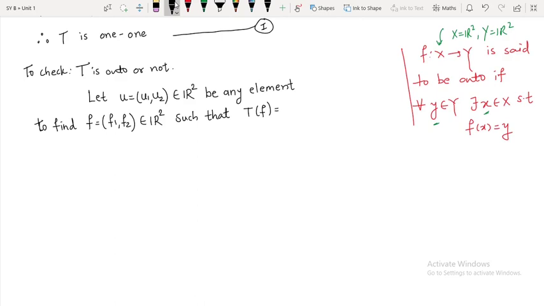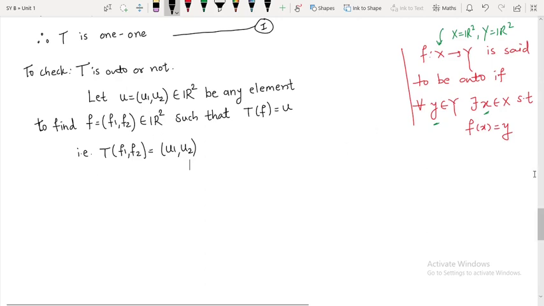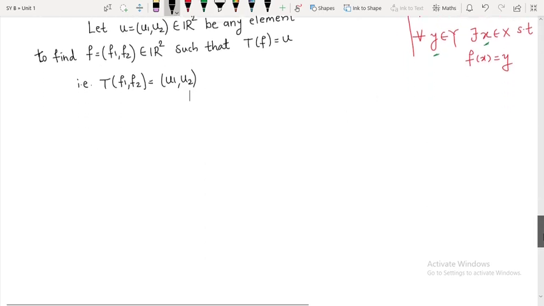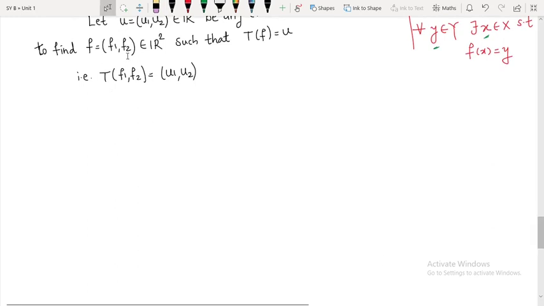This T of f should be equal to u, so that is nothing but T of (f1, f2) should be equal to (u1, u2). Simply note one thing, whatever f we are finding, it should be an element of R2. That is important. And when will this be an element of R2? If this f1 is a real number and f2 is a real number.